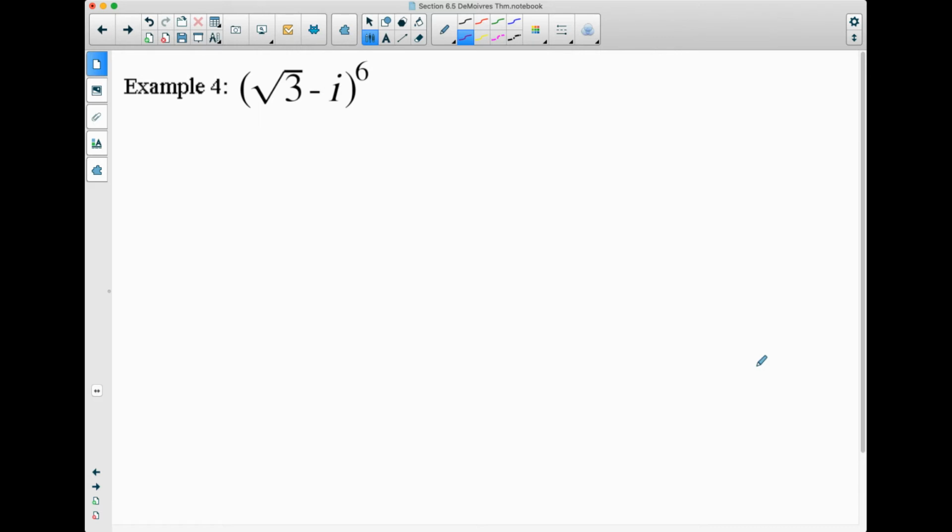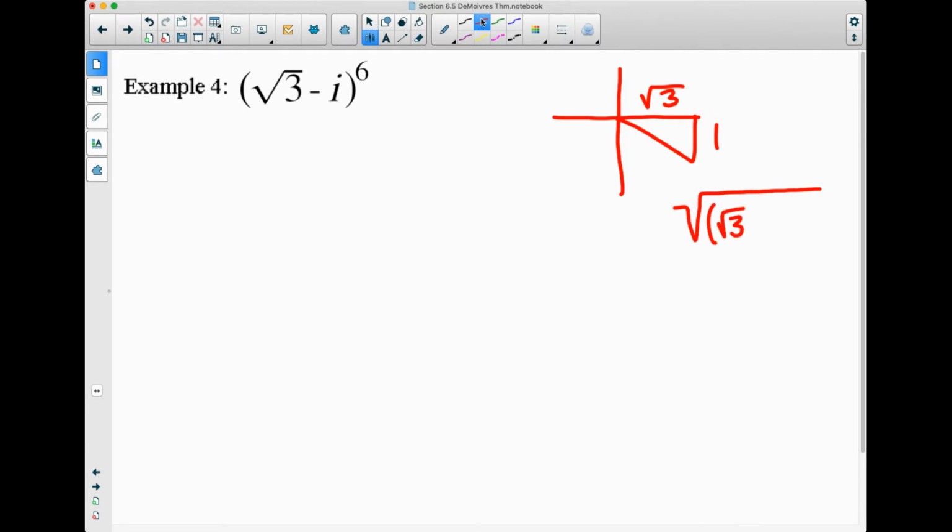Okay, let's see how we did. All right, so square root of 3 and negative 1. So if I want to find r, I have root 3 squared and 1 squared. That gives me 3 plus 1, which is 4, so 2.